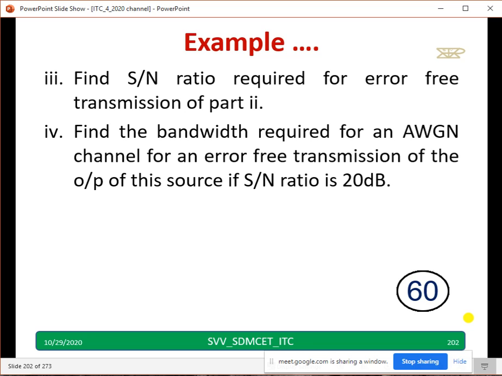Find the bandwidth required for an AWGN channel, additive white Gaussian noise channel, for error-free transmission of the output of this source, if the S by N ratio is 20 dB.